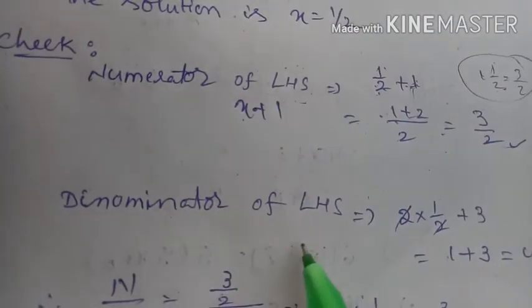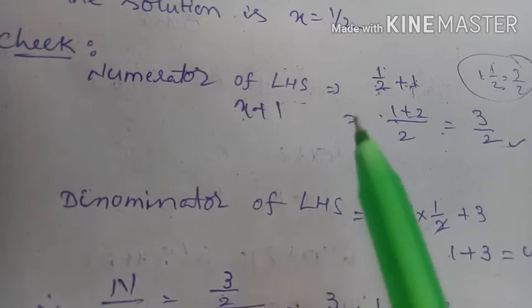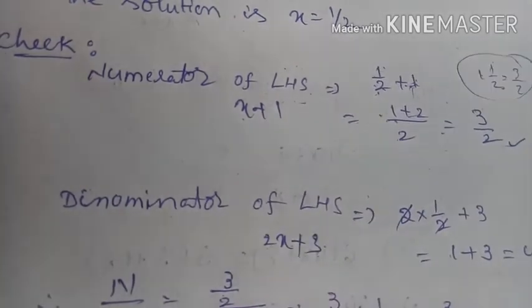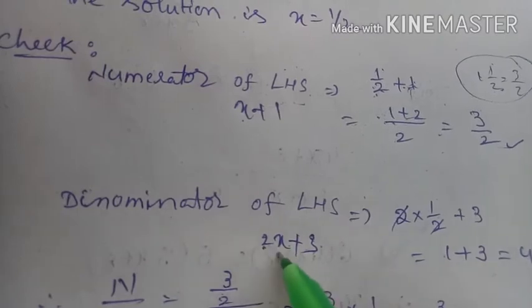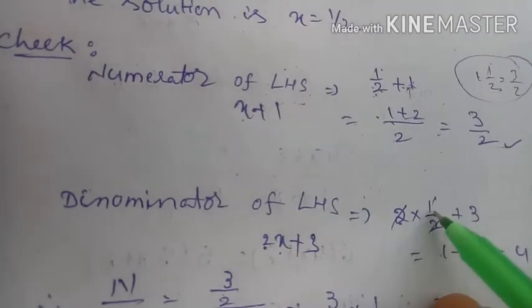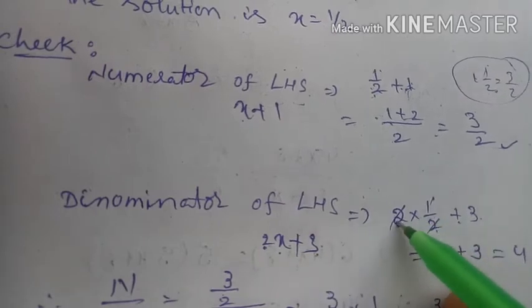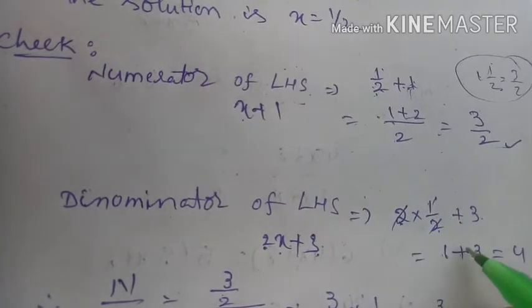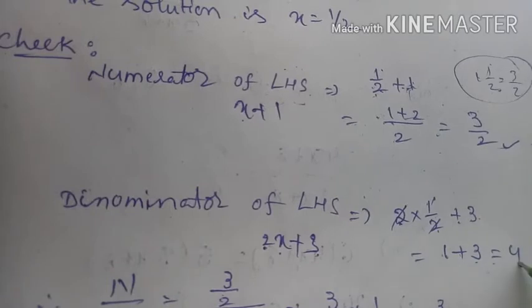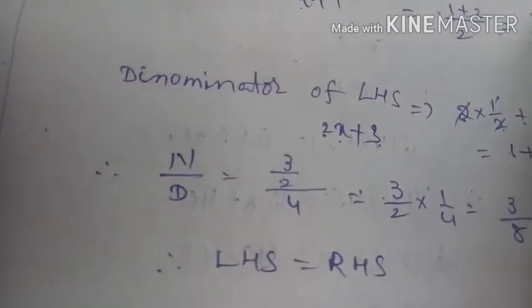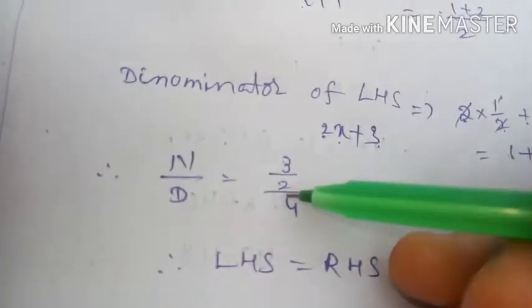What about the denominator? The denominator of the LHS is 2x plus 3. So 2 into what is the x value? 1 by 2. 2 into 1 by 2 plus 3. So the 2s get cancelled. Then we get 1 plus 3, that is equal to 4. Now find numerator by denominator: 3 by 2 by 4.